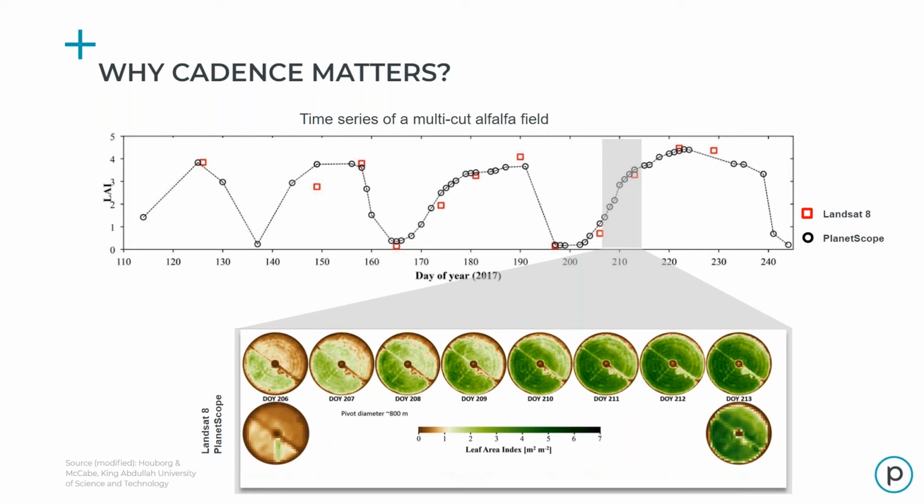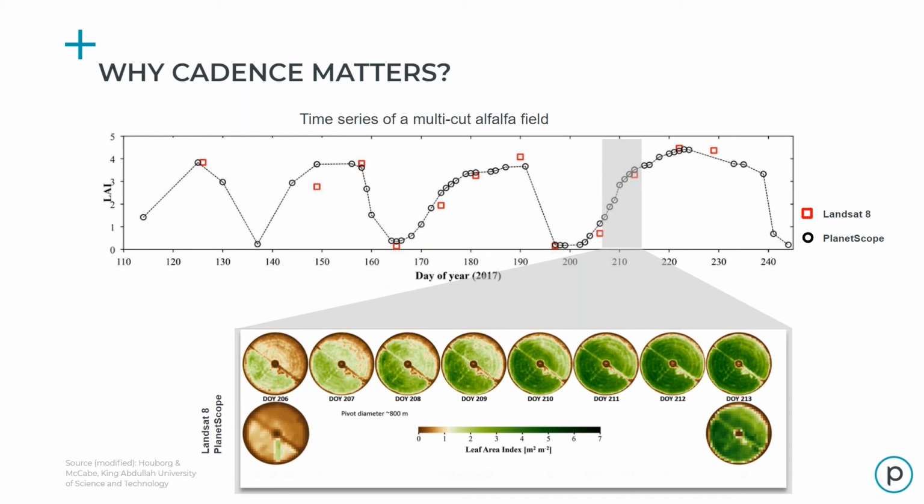And a very quick example here, when you're looking at being able to monitor when certain events have occurred on the ground, for example, when a particular crop has been cut or when an area of grass has been mowed. If you were relying on Landsat data alone, you would miss the cadence of certain events over the course of a 12-month period, whereas when you've got access to something that's collecting every single day, clearly feasibility, we have to take into account weather, but don't worry, we've got that covered.